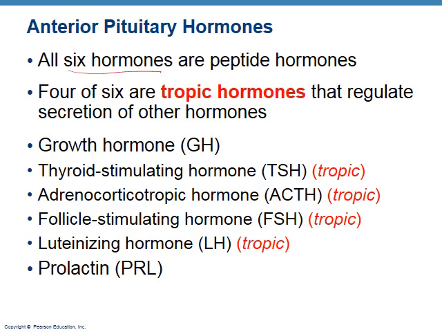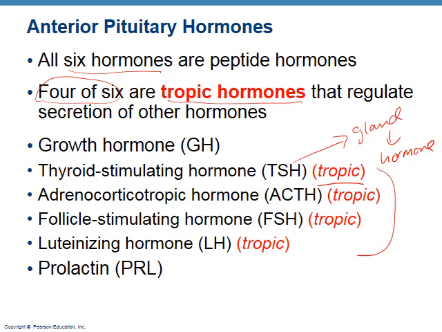So of the 6 hormones that are released, 4 of the 6 are tropic. All tropic means is this hormone is going to go someplace else in the body and tell another gland to release its hormone. So they call them tropic. If you remember from before in this lecture, we said tropic means that one hormone is going to go and cause the release of another hormone.